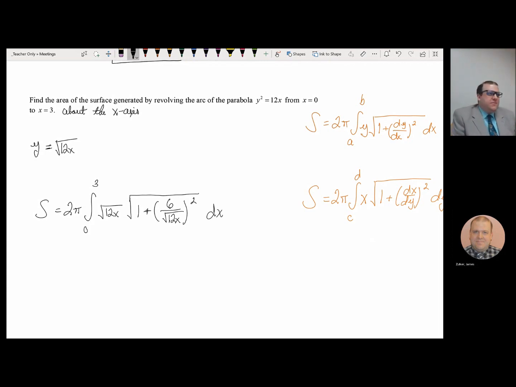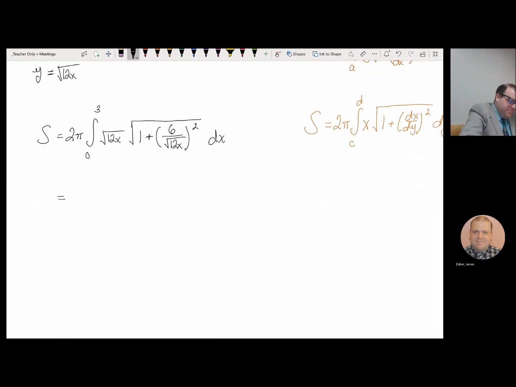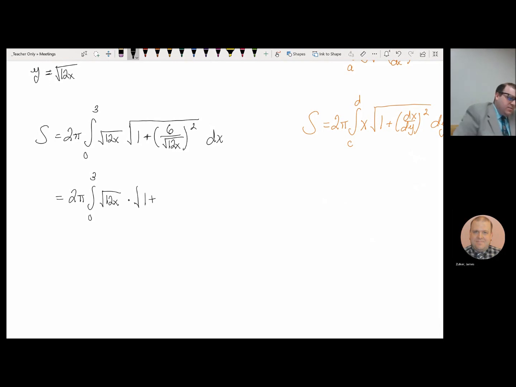And dx. Six over root 12x all squared would be 36 over 12x. Just 3 over x, right?